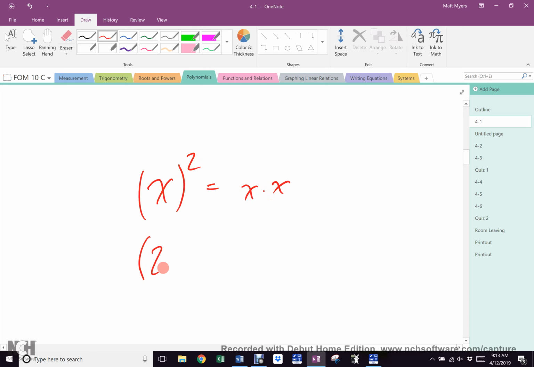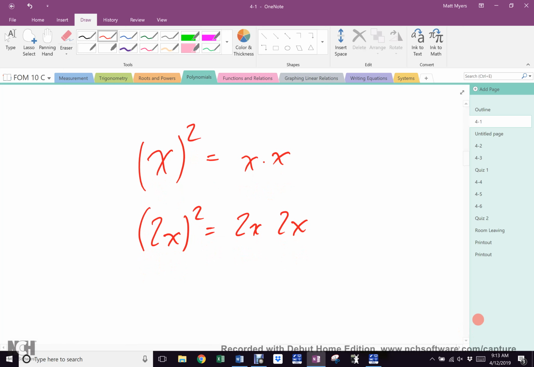So what then is 2x squared? 2x times 2x. Everybody's cool? Okay. What then do you think is x plus 7 squared? X plus 7, not plus, times x plus 7.